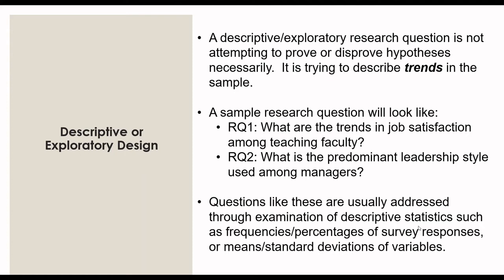Another example would be if you're just trying to examine what are the trends of demographics in a certain sample, that would just be giving potentially gender, age, ethnicity, race for your sample. And that is descriptive. You could just use frequencies and percentages or means and standard deviations to summarize those findings.